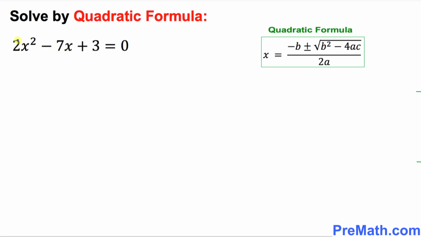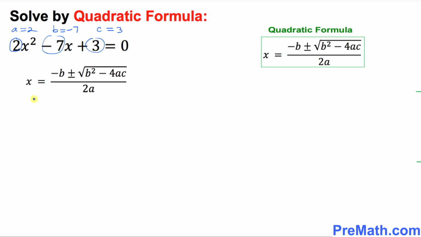Now we're going to identify a, b, and c. We can see that a equals 2, b is minus 7, and c is positive 3. Now we are going to plug it into this quadratic formula. So x equals minus b, and b is negative 7.